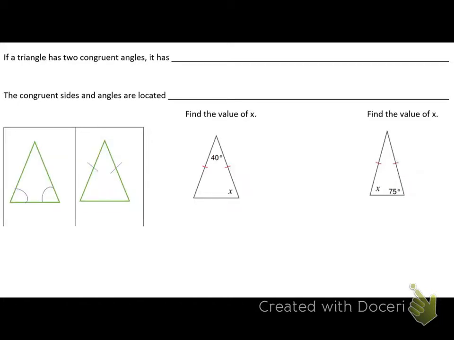Alright, isosceles. If a triangle has two congruent angles, it has two congruent sides. The sides and angles are located across from each other. So this bottom one, we've got two congruent angles.